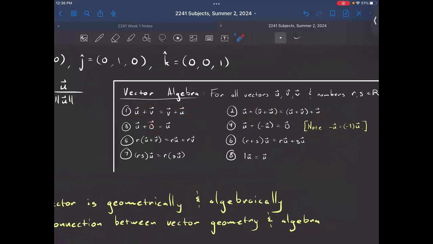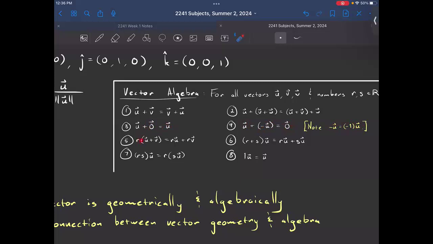There is a zero vector, which doesn't change anything, just like adding 0 does nothing to a real number. There are inverses. So if you have a vector and you add its negative to it, then you get the 0 vector back. You sort of just rearrange this equation right here. And when I say negative of a vector u, I mean -1 times u.